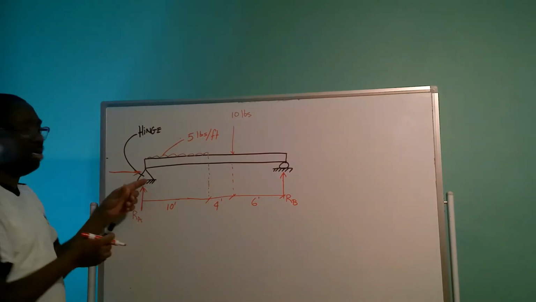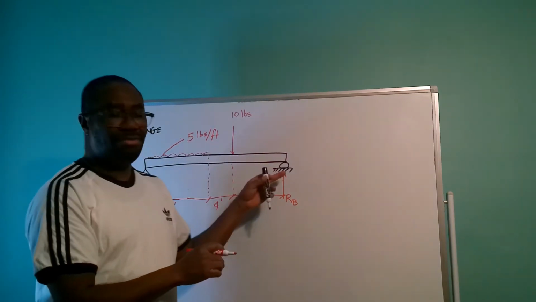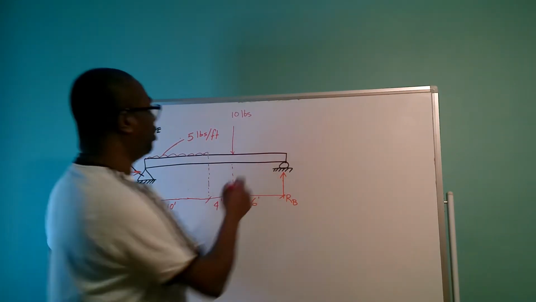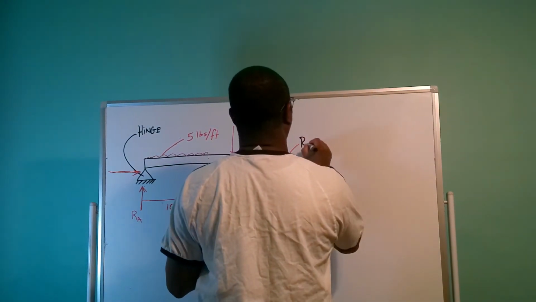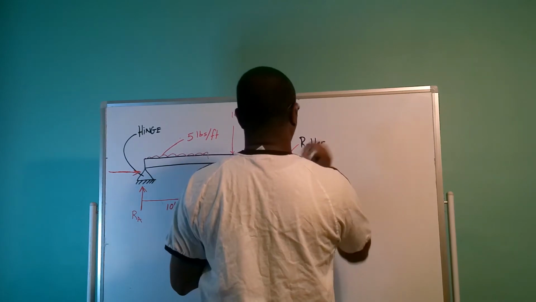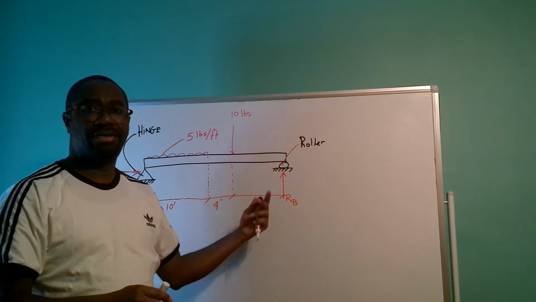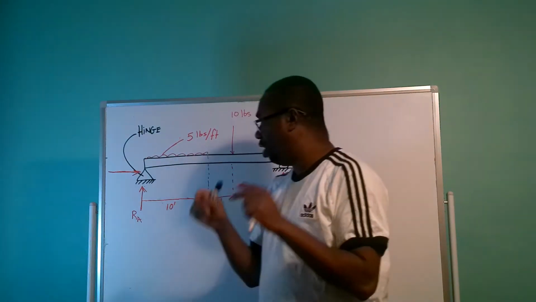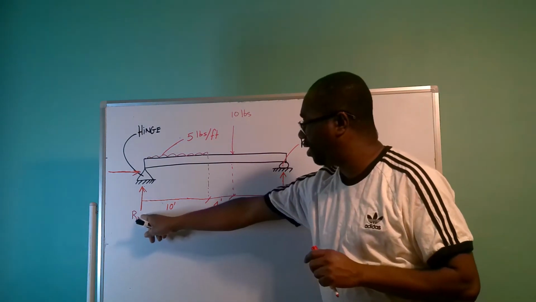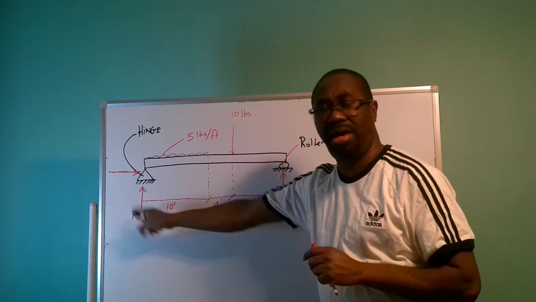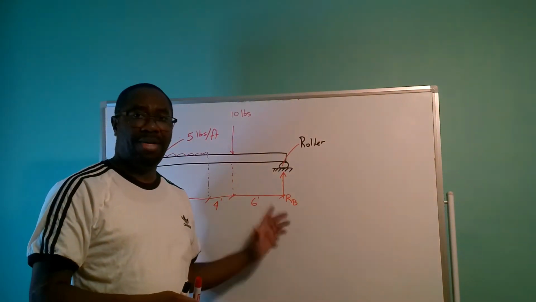So that is for the end that is hinged. For this end, the opposite end, which is on rollers, so this is a roller, you're only going to have one reaction. So if you observe closely again, at one end we have the reaction A, and at the opposite end we have the reaction B.